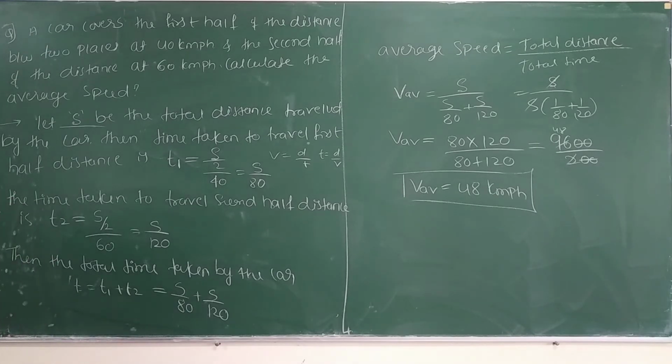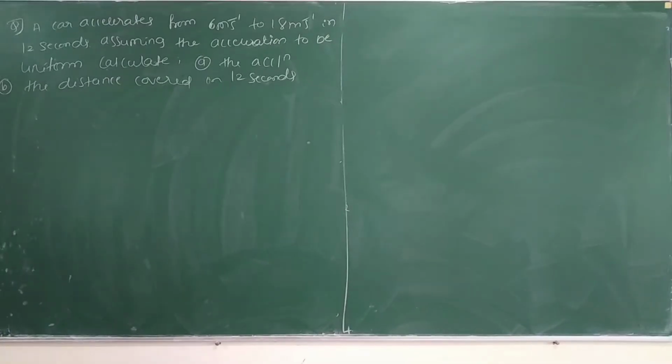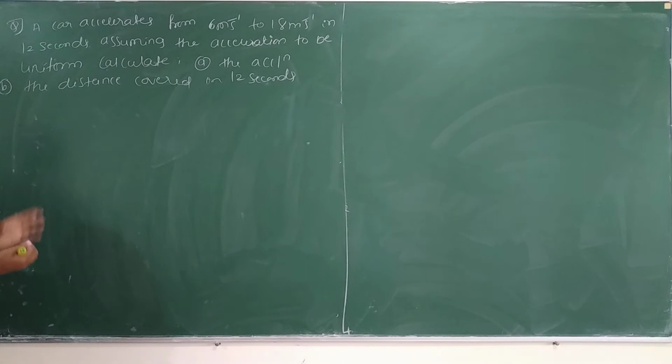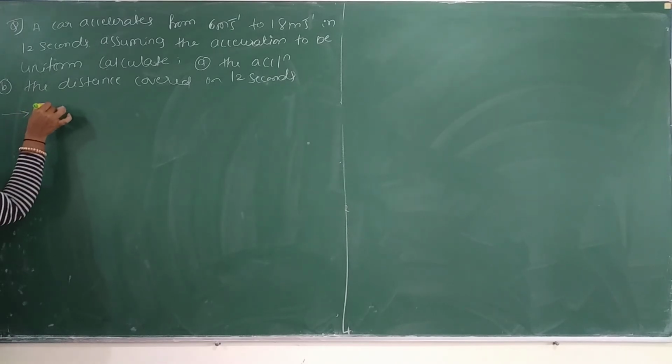Note down. Take the next problem. A car accelerates from 6 meter per second to 18 meter per second in 12 seconds. Assuming the acceleration to be uniform, you have to calculate the acceleration and the total distance covered in 12 seconds. So first write the given data.